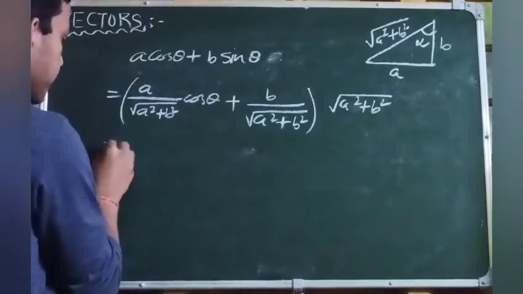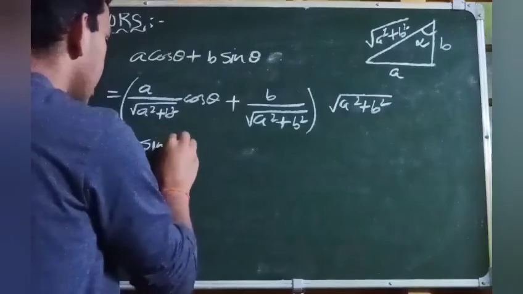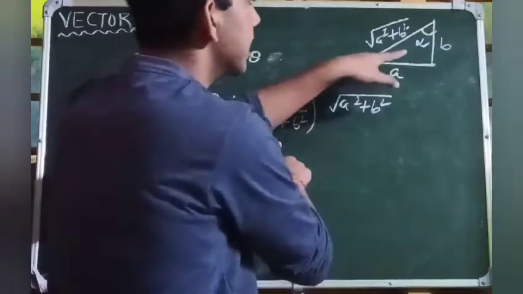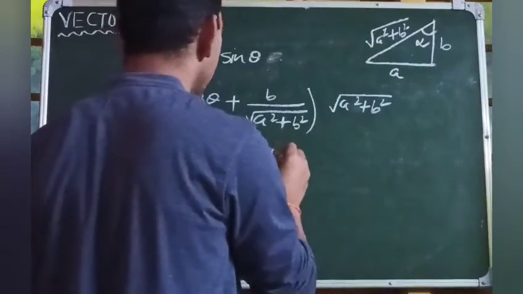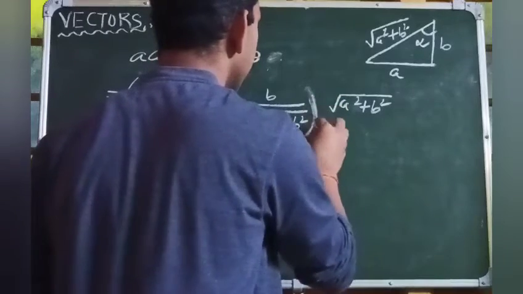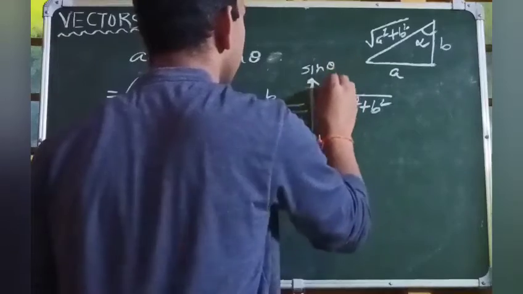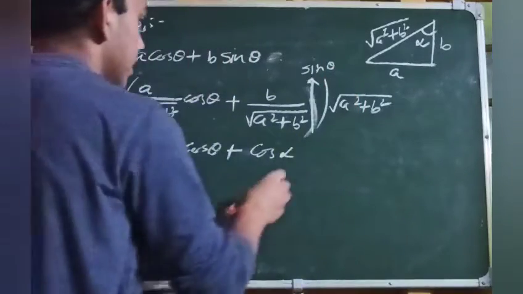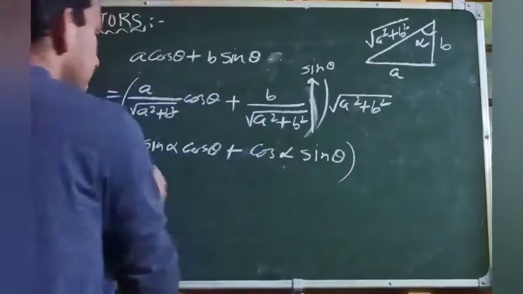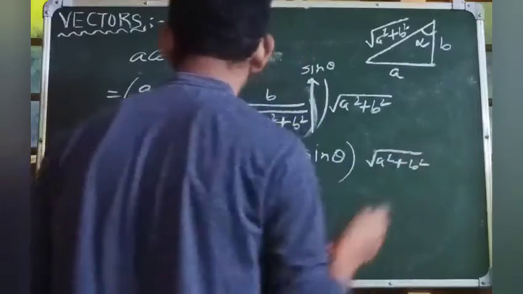So we can write it as sin alpha cos theta plus, this is basically cos alpha, sin theta, multiplied with root under a square plus b square.